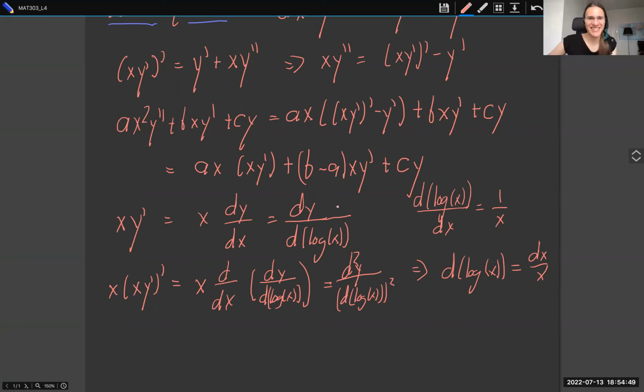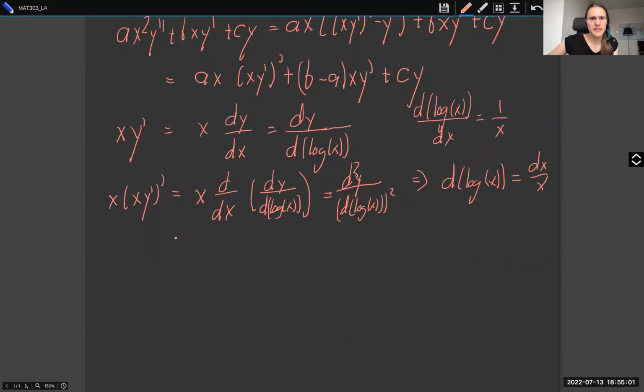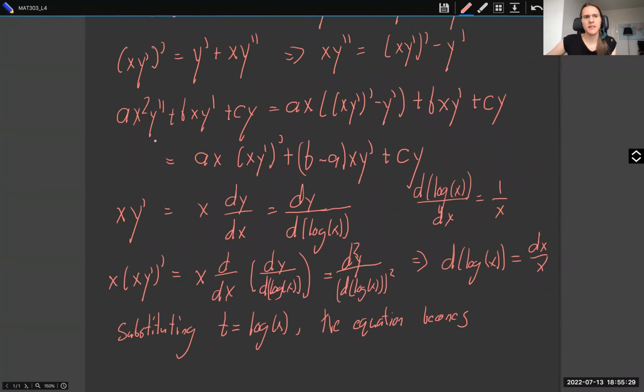It's good. Right. So what happens then is we have this equation, ax times xy prime, sorry, there's a prime here. And so that becomes, if we now rewrite everything, substituting t is equal to log x, the equation becomes, so now we're going to imagine that y is a function of t.